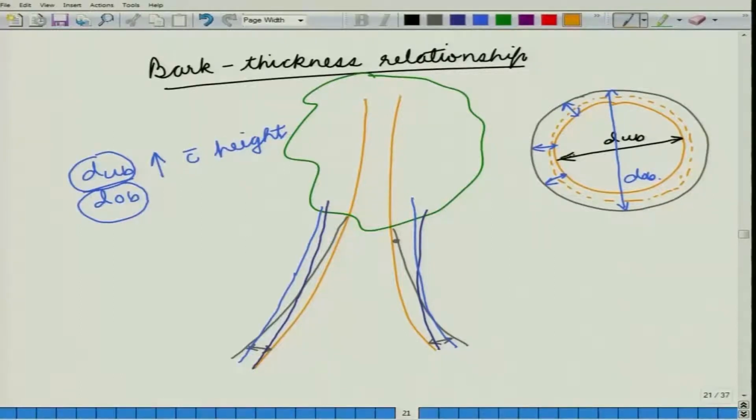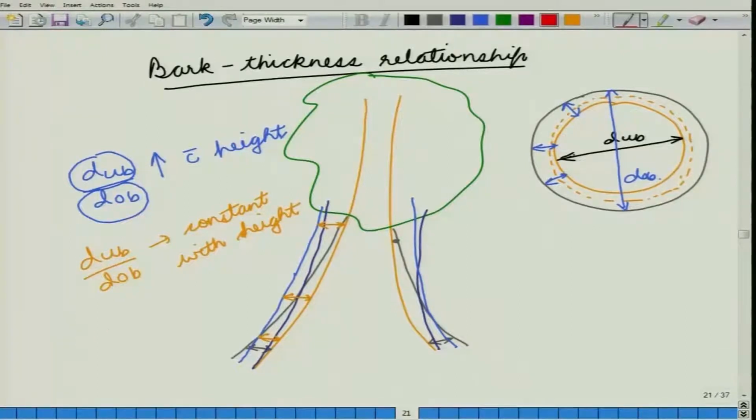In some hardwood species, this ratio DUB by DOB is constant with height, in which case the thickness of the bark is the same whether you look at lower reaches or higher reaches.